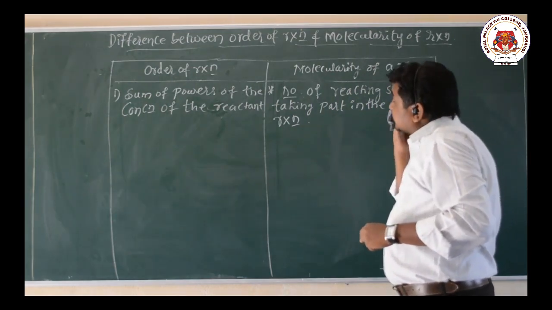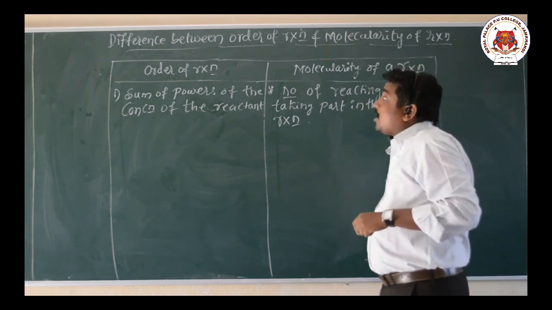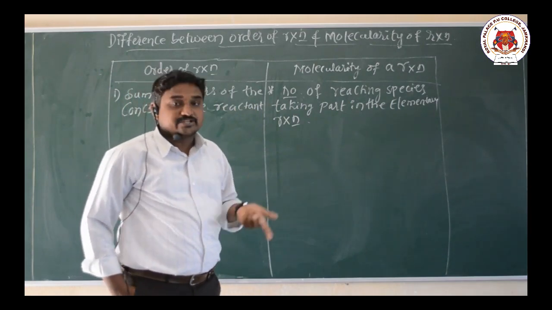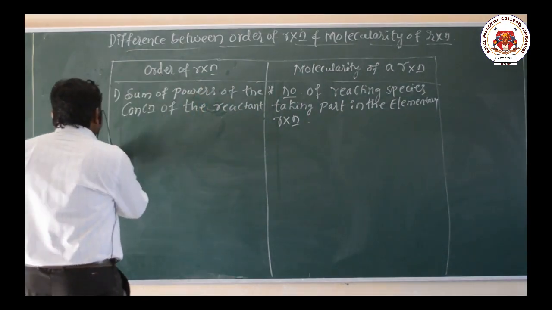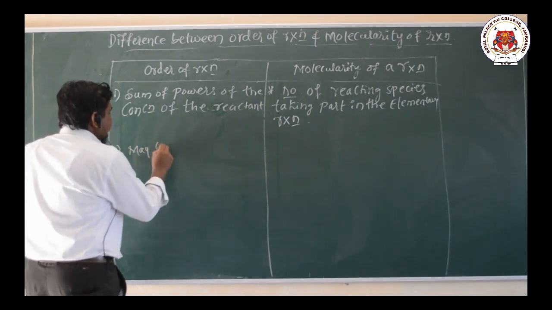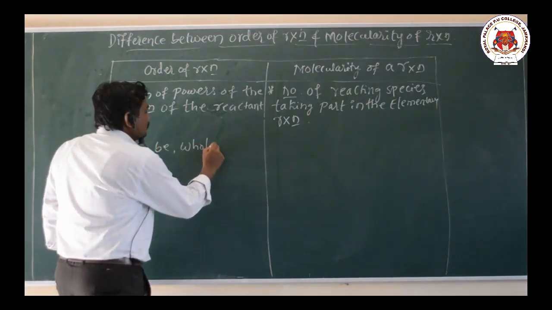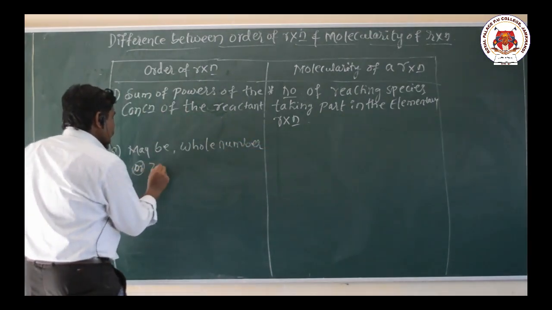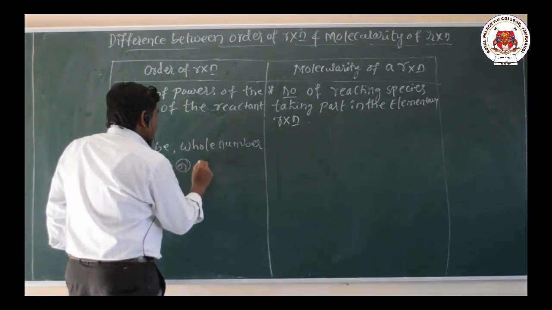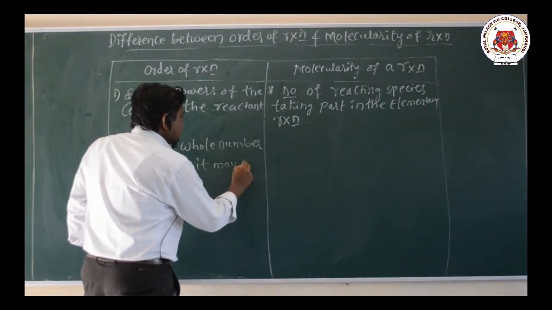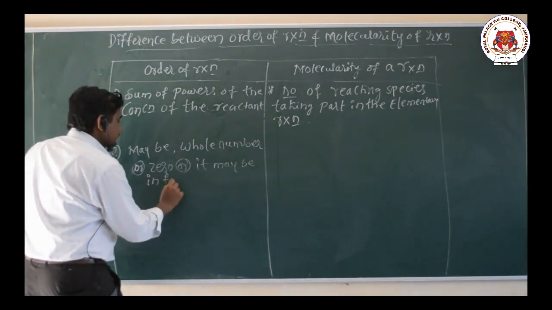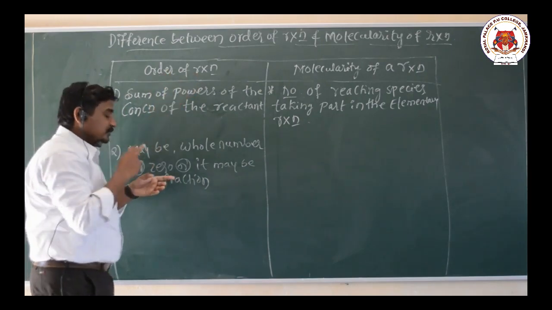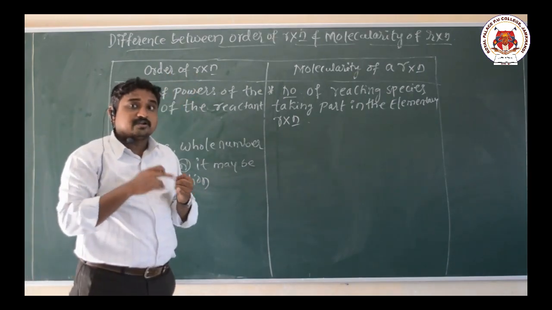Already we know that the order of reaction may be a whole number, zero, or even a fraction. I have given examples for order of reaction: zero order, fractional order, first order, second order, third order.